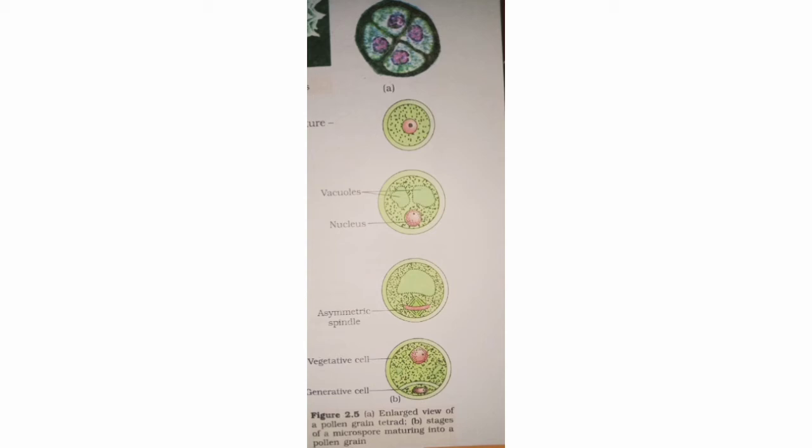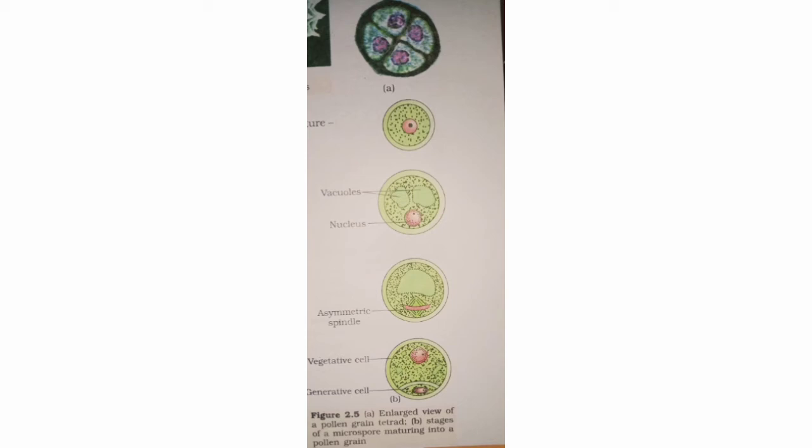It is uninucleate in condition, right? And now that cell will form a large vacuole inside its cytoplasm, followed by which it will undergo mitotic division, that is mitosis or multiplication division.